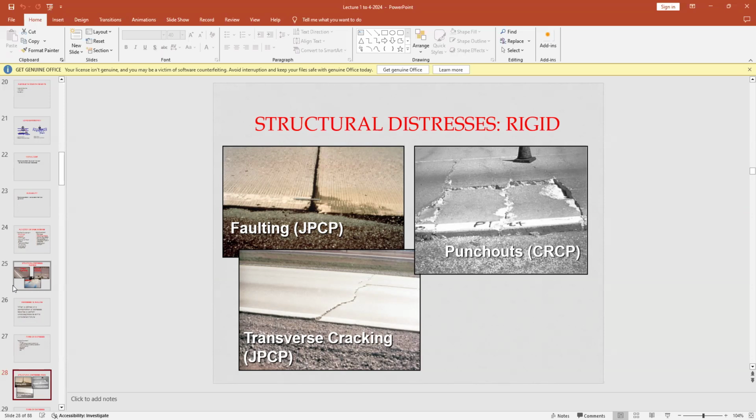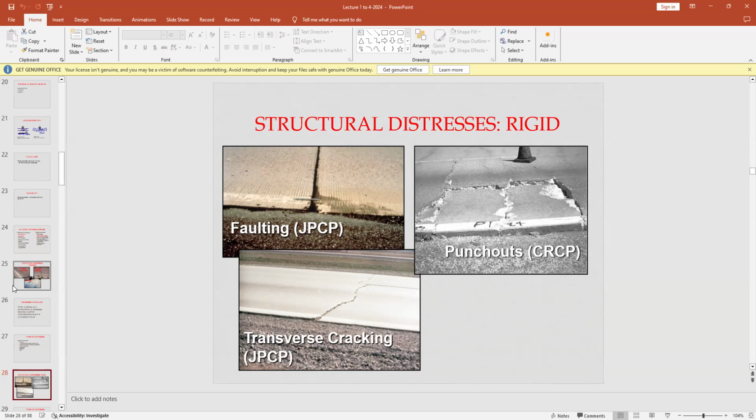And then there is transverse cracking. Again, this transverse cracking is similar to what we have in flexible pavement, but concrete has a pronounced transverse cracking because it has a higher coefficient of linear expansion or contraction as compared to this. So it reacts to temperature change much more.